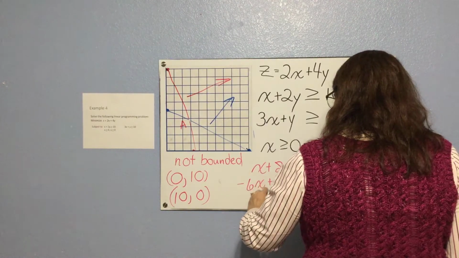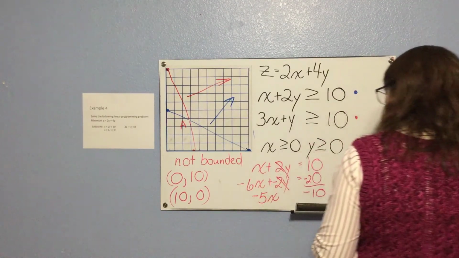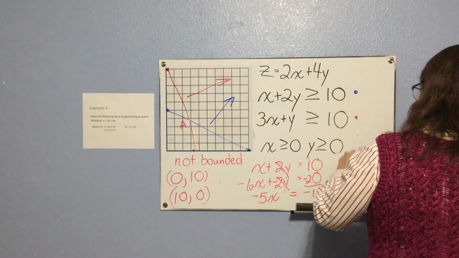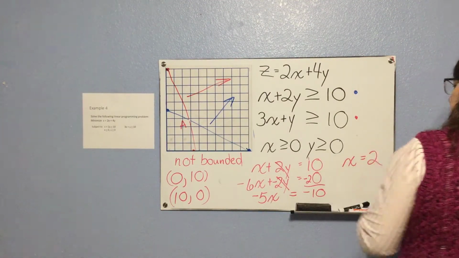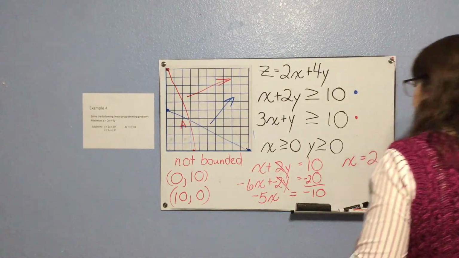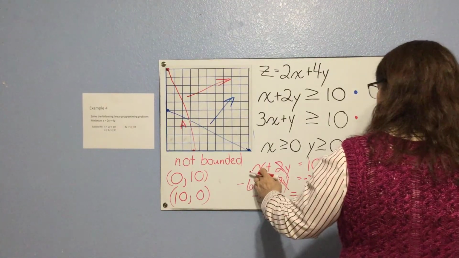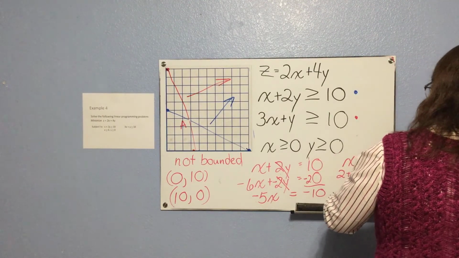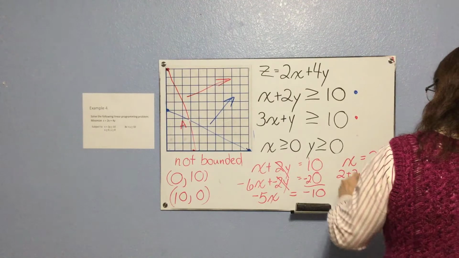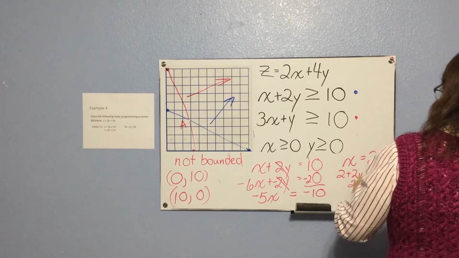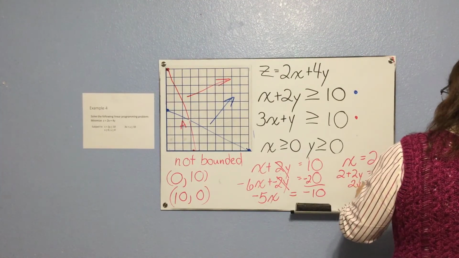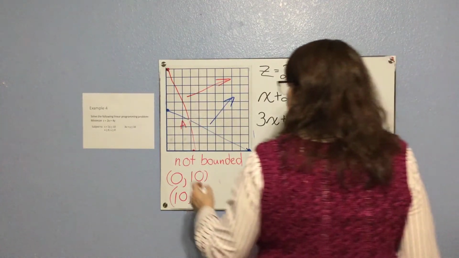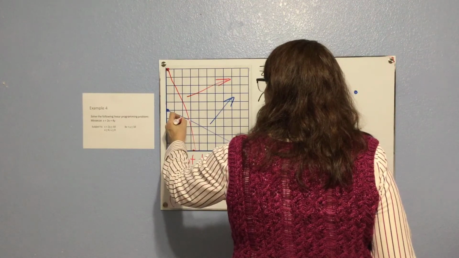I have -5x. So if -5x equals 10, then x equals 2. And I'm going to put 2 plus 2y equals 10, or 2y equals 8, so y is 4. So this intersection point is at 2, 4.